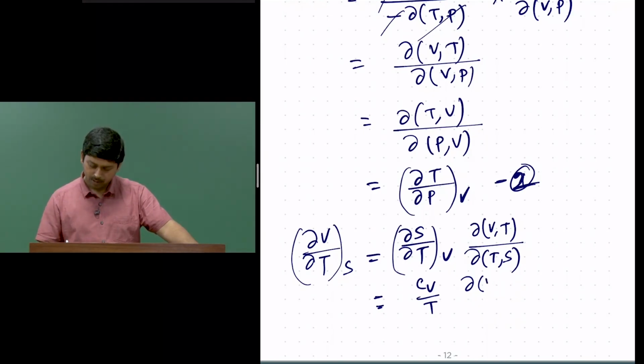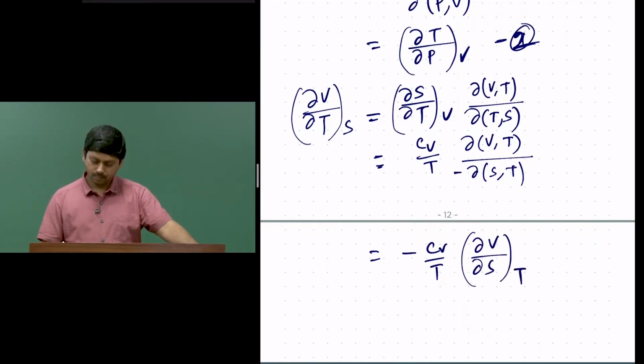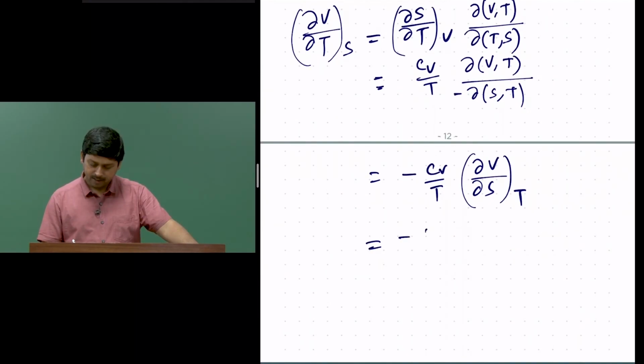Do not switch the numerator, switch the denominator, and what does that give us? Minus C V by T del V by del S at a constant T. That is what we get, which means we can write that as minus C V by T del S by del V at a constant T and inverse of that.